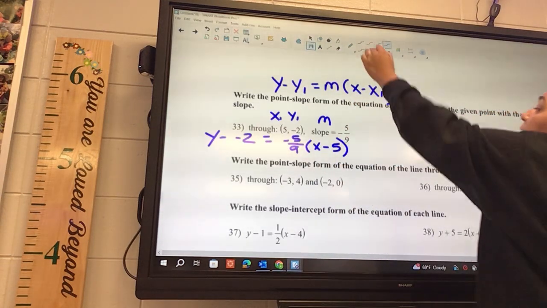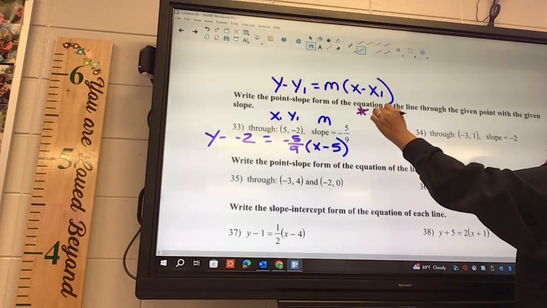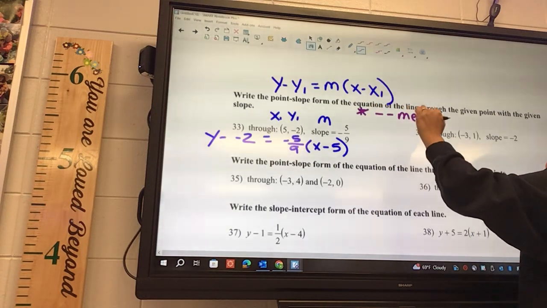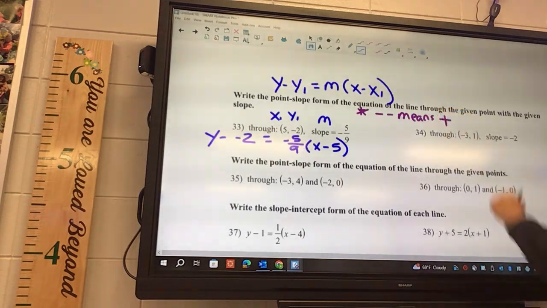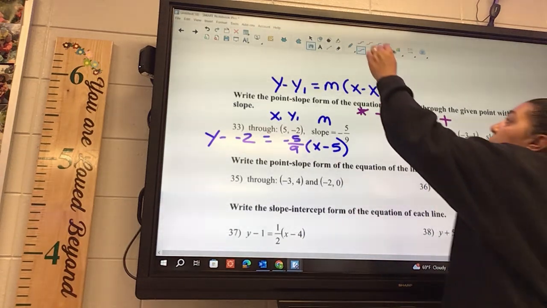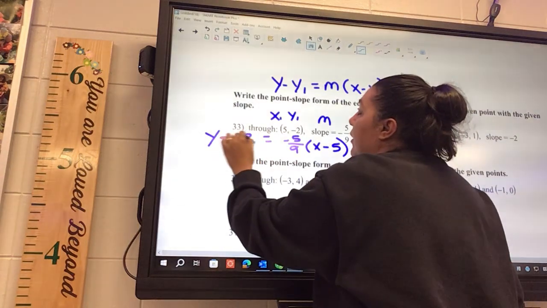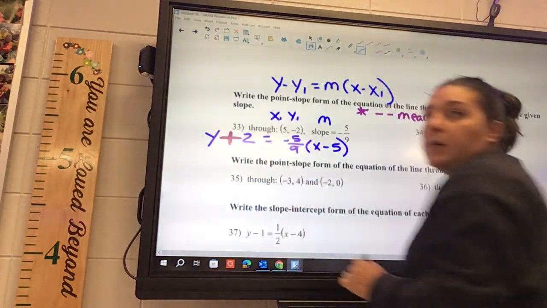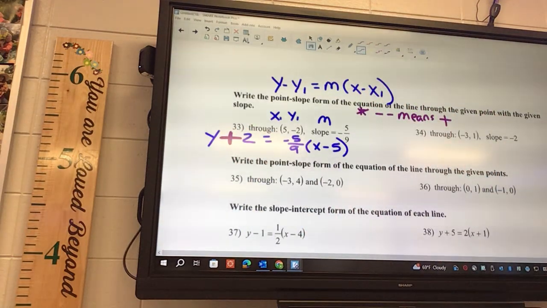It's 5. Okay, somewhere on here, write yourself a note. Minus minus means a plus. So the minus minus, you need to change to a plus. Y is minus minus 2. So right here, it should be a big plus 2. Okay, so make sure that you change that.